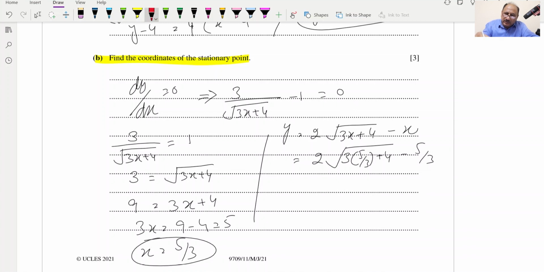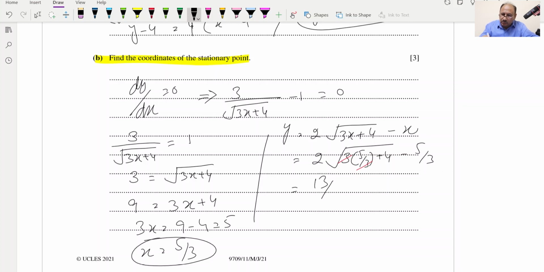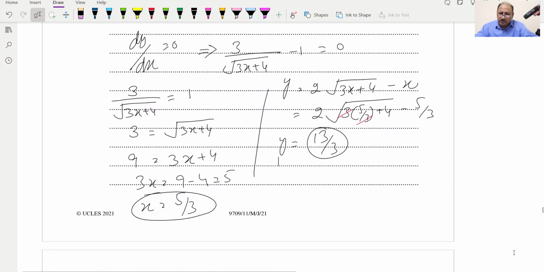The 3 will cancel, and we can directly calculate this: 2 times the square root of 5 plus 4, which is 9, minus 5 over 3, which is equal to 13 by 3. So 13 by 3 will be the value of y.